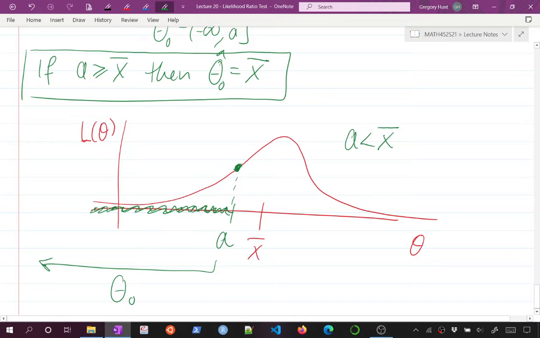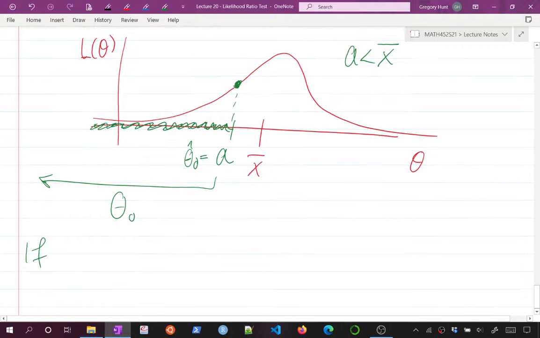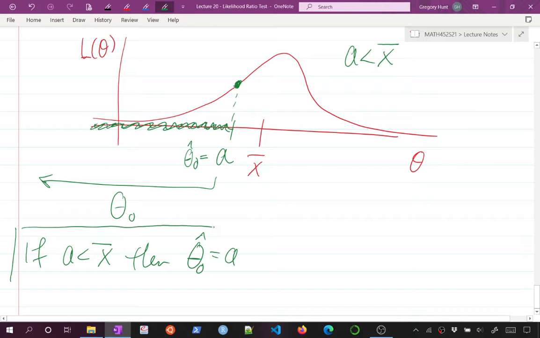That is, my restricted MLE is just A. And we did this example when we did MLEs. So if A is less than x bar, then my restricted MLE is just A. We'll put a box around that.